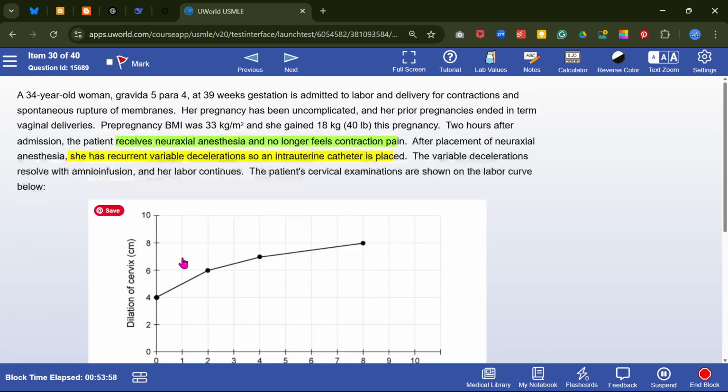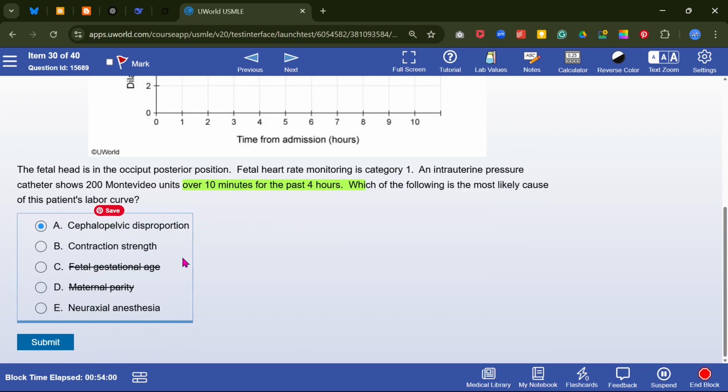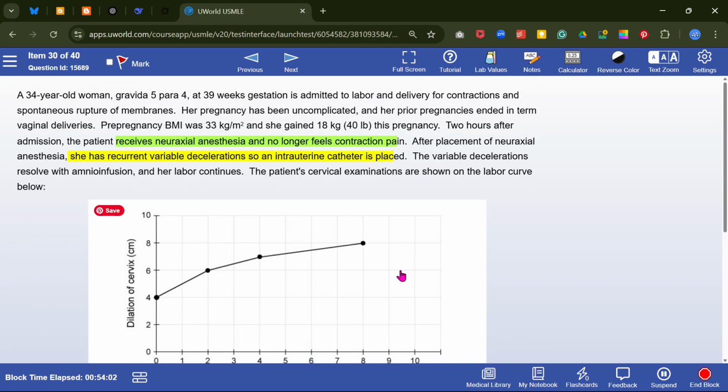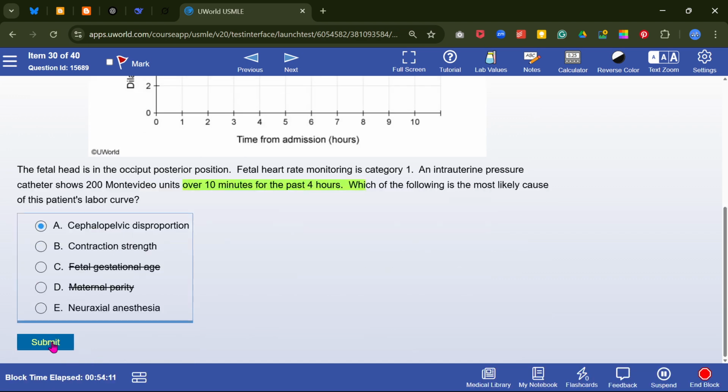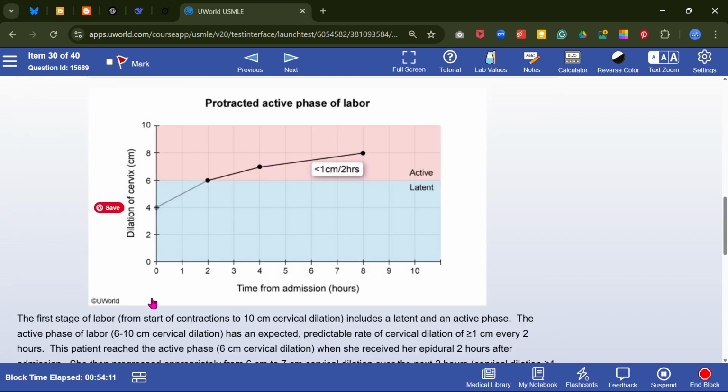Not contraction strength, or is it due to anesthesia? It is due to cephalopelvic disproportion, isn't it? It is protracted active phase of labor. That means the head is not moving down adequately. Okay.